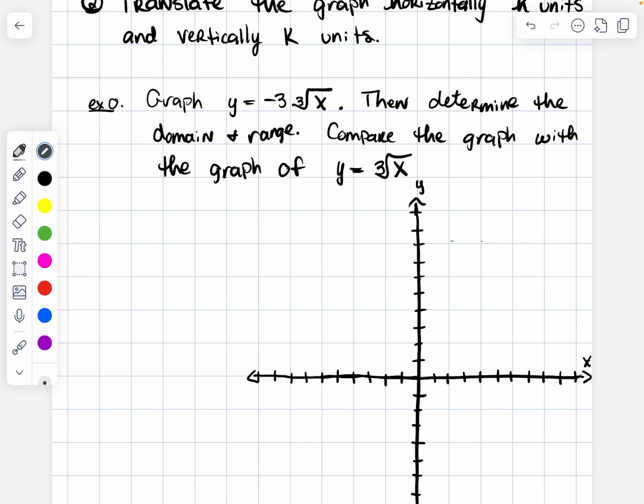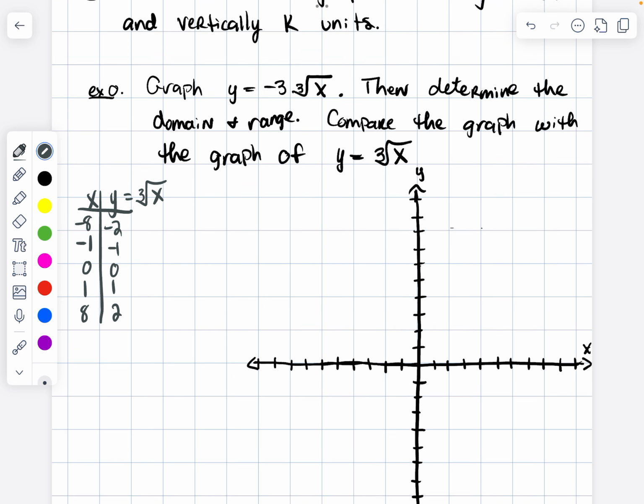In this example, we already know by the previous example that if we do y equals the cube root of x, then we could use -8, -1, 0, 1, 8, and we would get out -2, -1, 0, 1, 2. So I'm going to go ahead and graph it quickly.